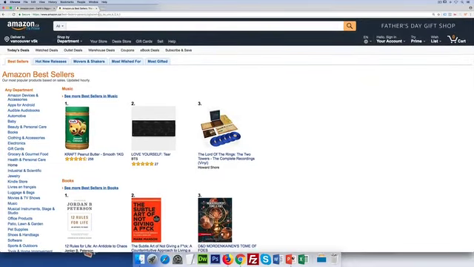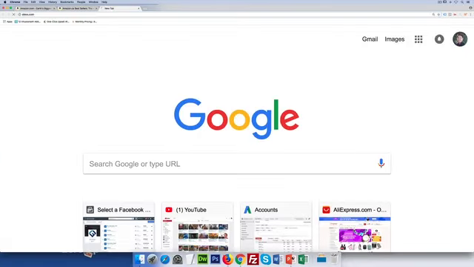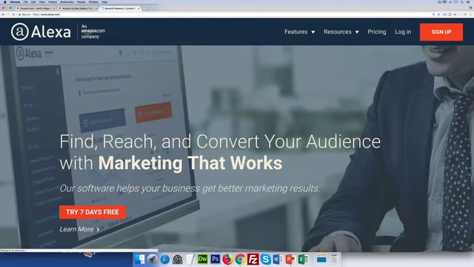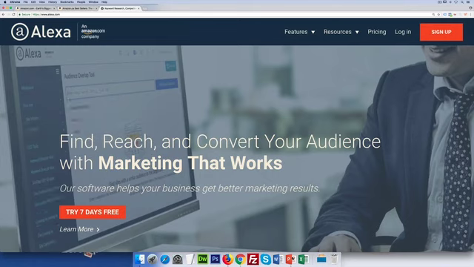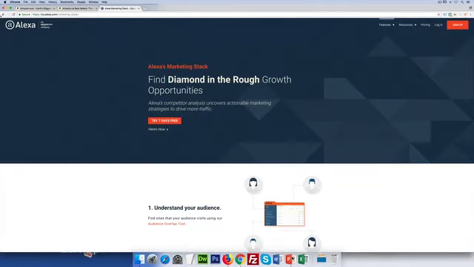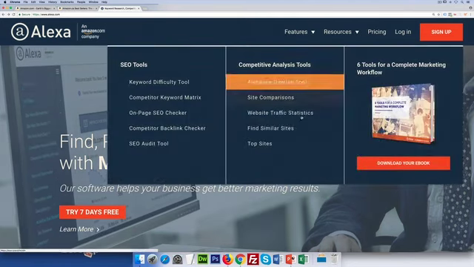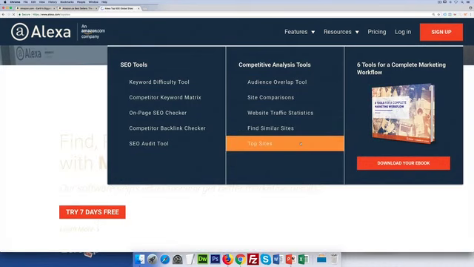Now, another tip I can share with you guys is you can use Alexa.com. Alexa.com is an Amazon company as well that Amazon bought out to look at websites. Now, inside Alexa.com, what you want to do is, my bad, I'm just going to go back, go to all features and simply go to top sites.